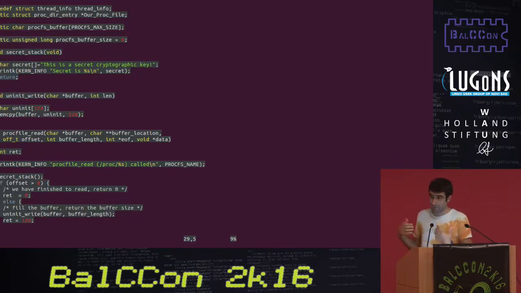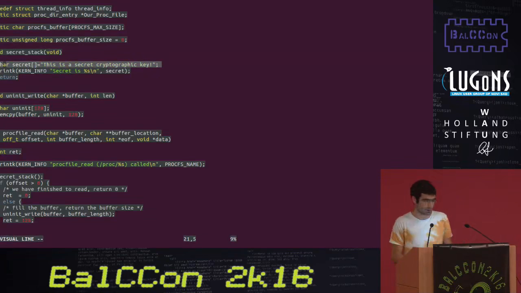So that's obviously leaking kernel stack information. The interesting thing here is that before leaking, in this function where we do the write, we also call another function called secret stack. And the function secret stack has, for instance, a secret cryptographic key, right?